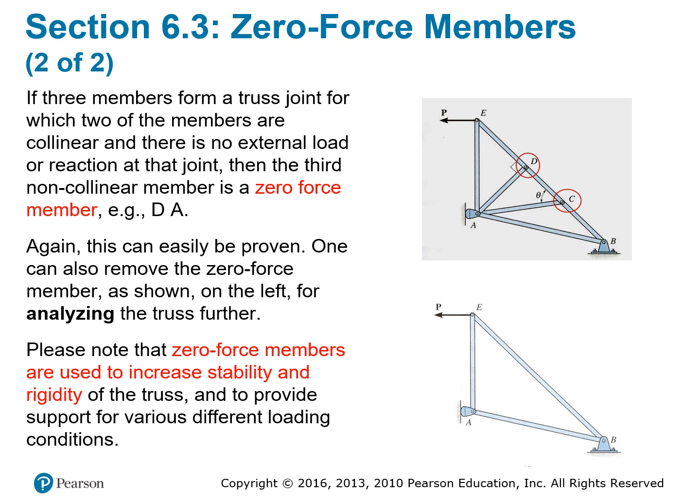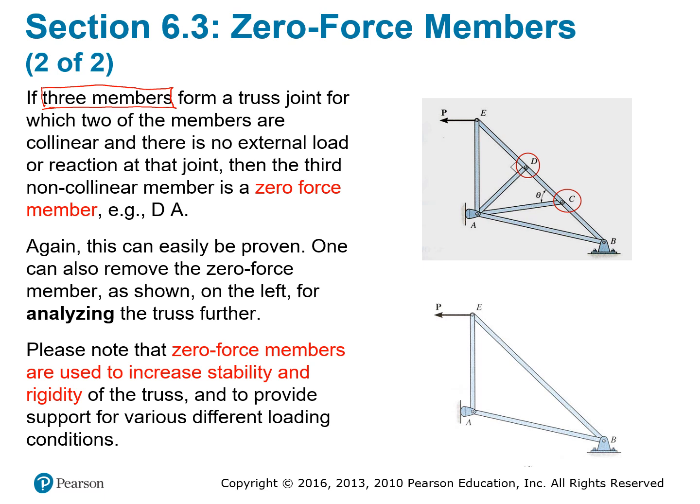If you have 3 members from a truss joint for which 2 of the members are collinear, and there's no external load or reaction at the joint, then the third non-collinear member is a zero force member. The previous case is where we only have 2 members connected at a point without external load or support reaction, and then these 2 members are zero force members.